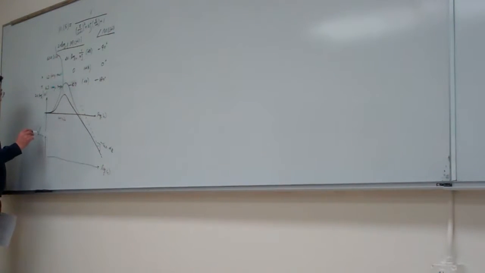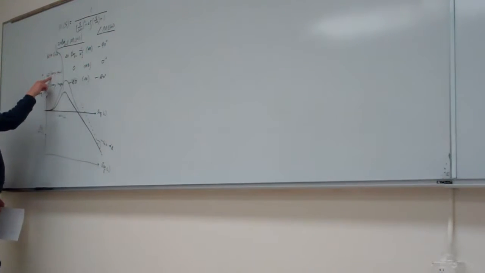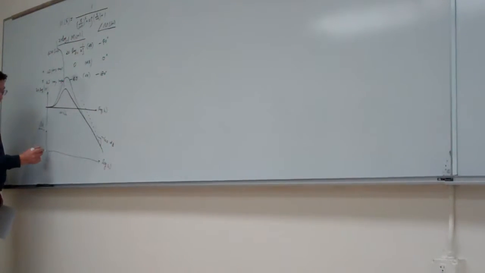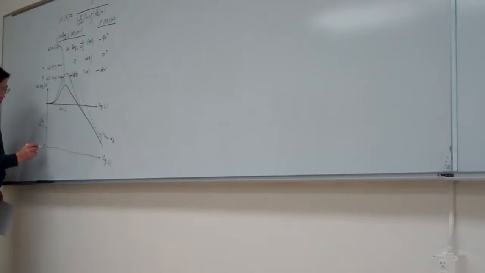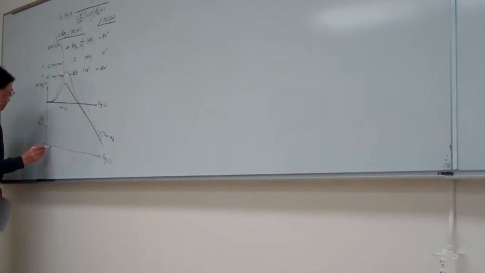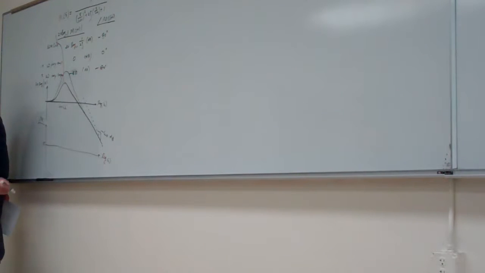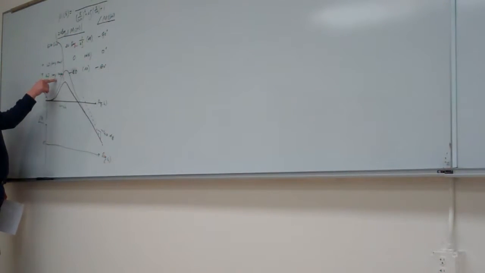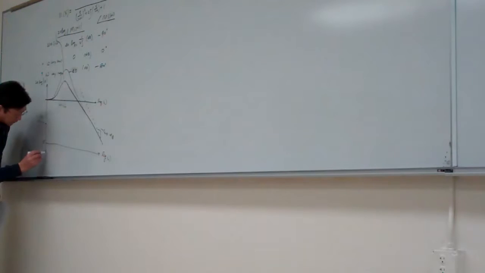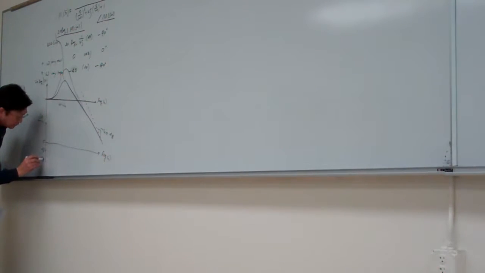for the angle. For the angle here, when omega is very small, it starts from 0, so here that's 0 degrees. When omega is very small, the asymptote is 0 degrees. When omega is very big, it approaches minus 180.